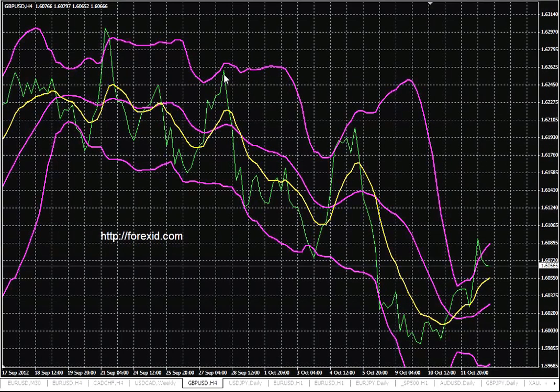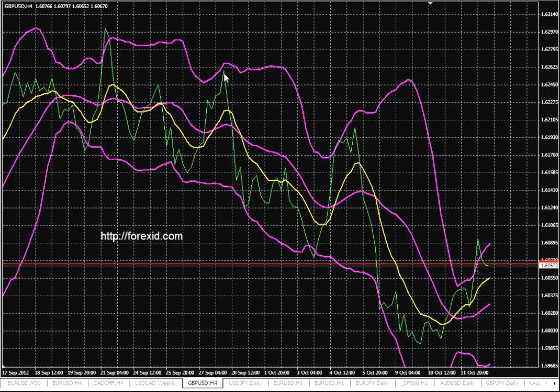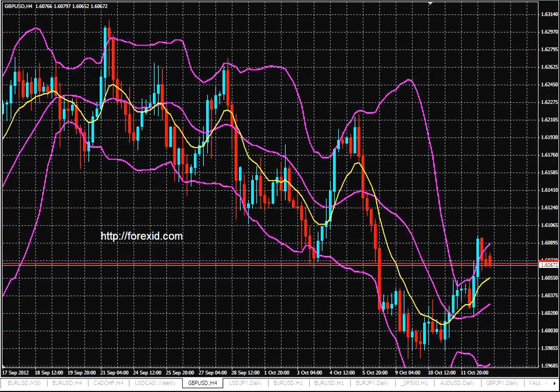Since the price line represents the closing prices of the candlesticks, it doesn't show that some candlesticks here touched the upper Bollinger Band and went above it, and then they went down. But if we choose to see what actually happened with the candlesticks, we will see that they touched the upper Bollinger Band. See here?